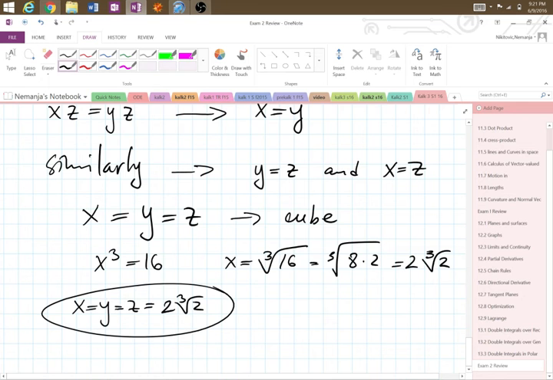With the surface area function, you won't be able to have x, y, z, and therefore you need the constraint.